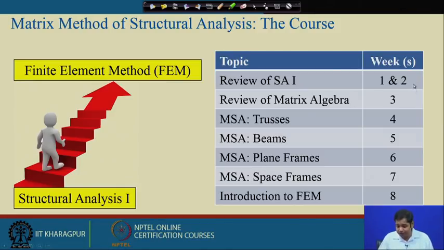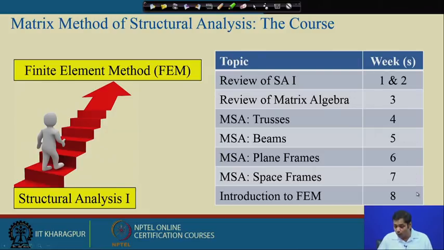As I said, the first 2 weeks will be review of structural analysis 1, and then review of matrix algebra, some of the basic matrix operations, matrix theory in the 3rd week. From the 4th week we will start formulating the matrix method of structural analysis, and that formulation will be demonstrated through trusses in the 4th week, then through beams in the 5th week, plane frames in the 6th week, space frames in the 7th week.